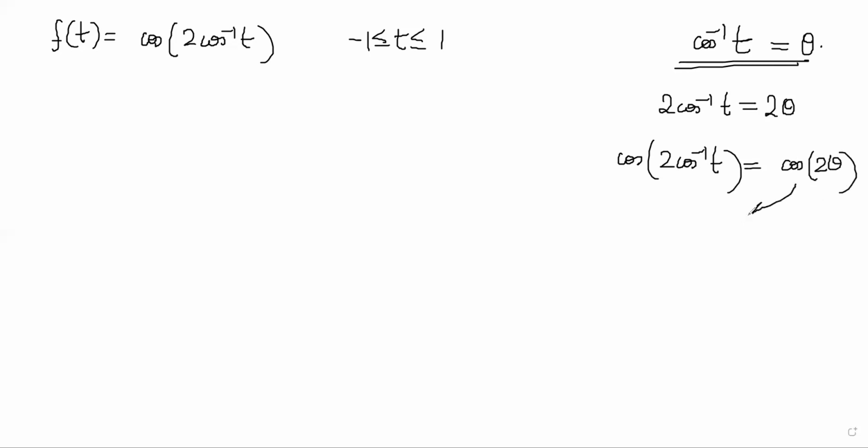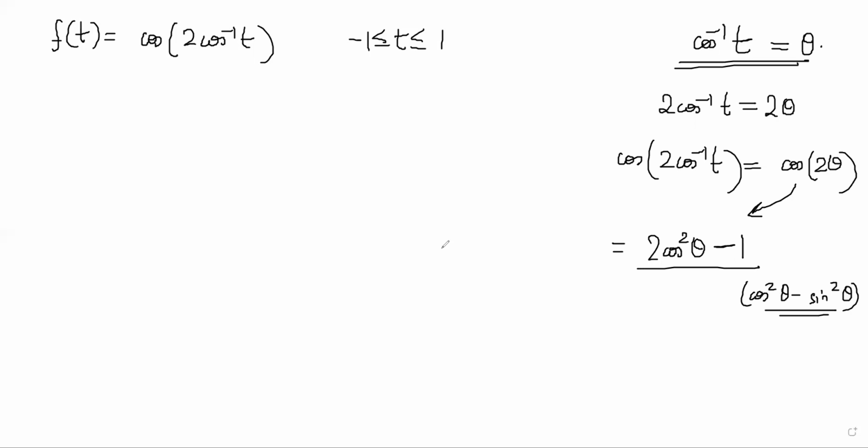And if you know a little bit of basic trigonometric identities, cos 2 theta can be written as 2 cos square theta minus 1, because this will become basically cos square theta minus sine square theta. So I'm just writing it in this way, 2 cos square theta minus 1.